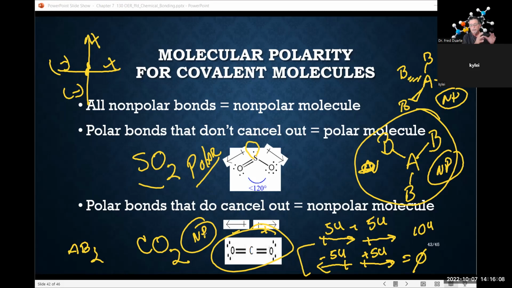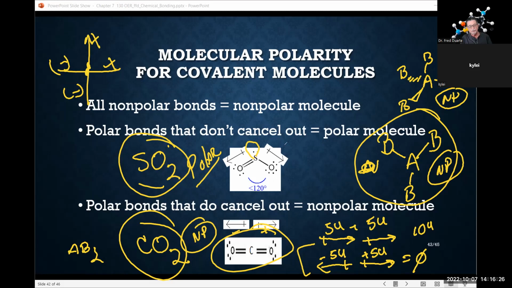So that's why the Lewis dot structure is important, because we need that information to determine this. On the surface, you would think SO2 and CO2 look like they would have the same structure, just simply because of the same number of atoms, and that's not the case, okay?